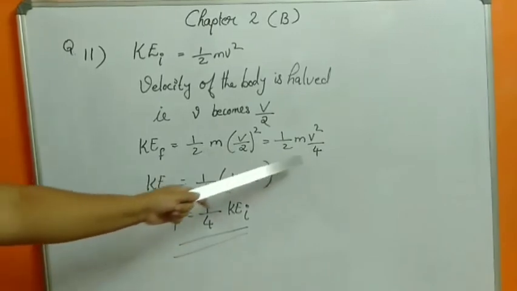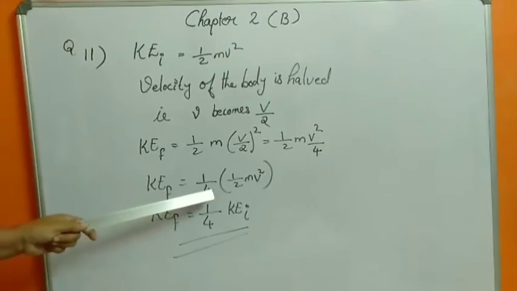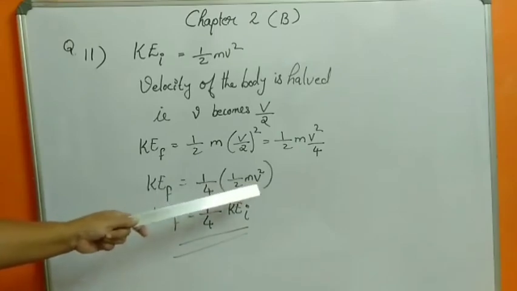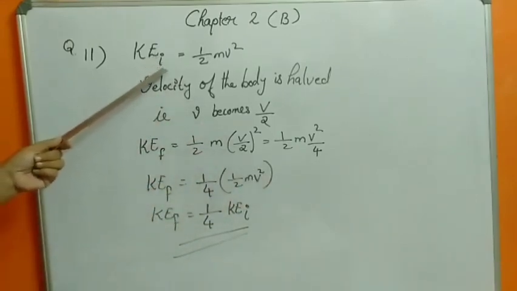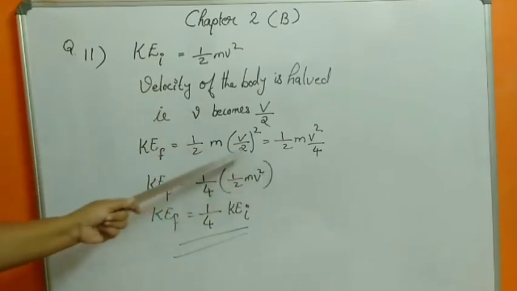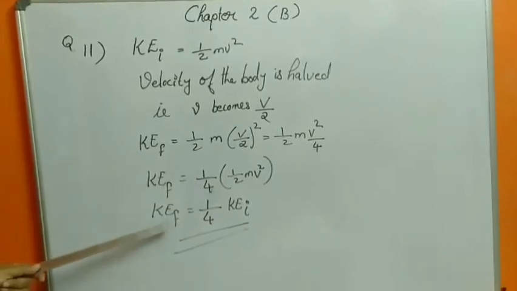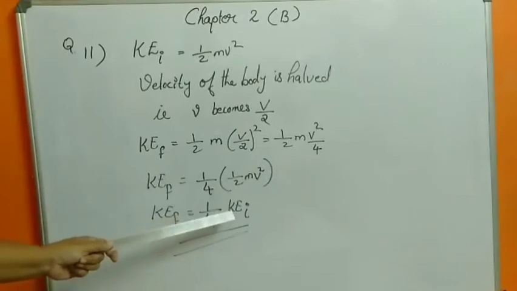Now we can take this divided by 4 as 1 by 4. So kinetic energy final equals 1 by 4, taking it outside the bracket, half mv square. And we already know half mv square is kinetic energy initial. So we can write kinetic energy final is 1/4 of kinetic energy initial.